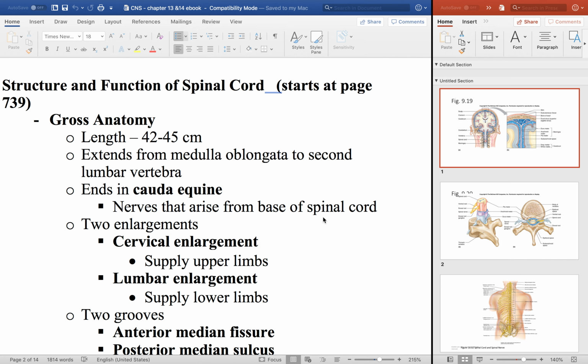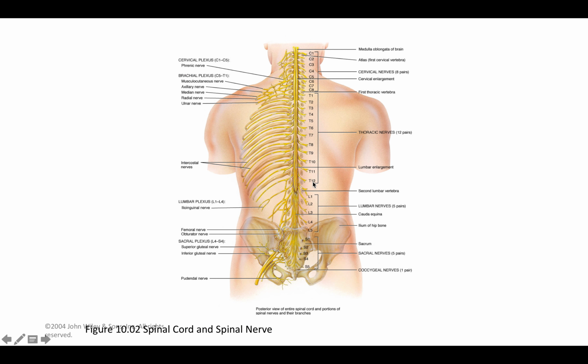The nerves that arise from the base of the spinal cord itself, if we look at this picture right here, you can see that the spinal cord comes down to about right here, that first or second lumbar vertebrae, and then it turns into, or I should say, they turn into smaller nerves that go down all the way here.